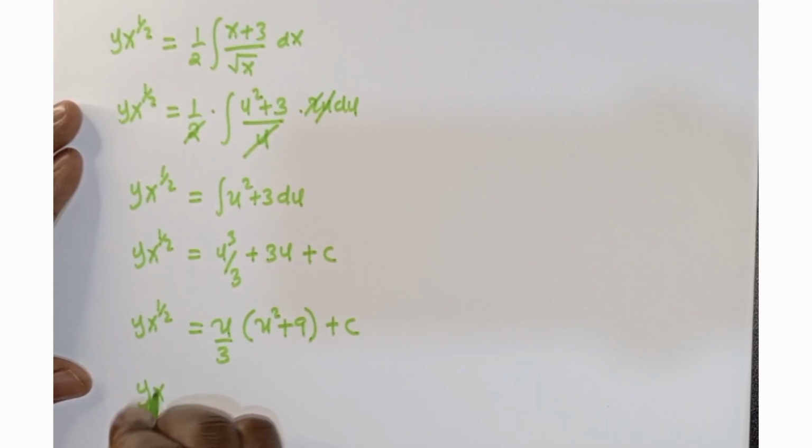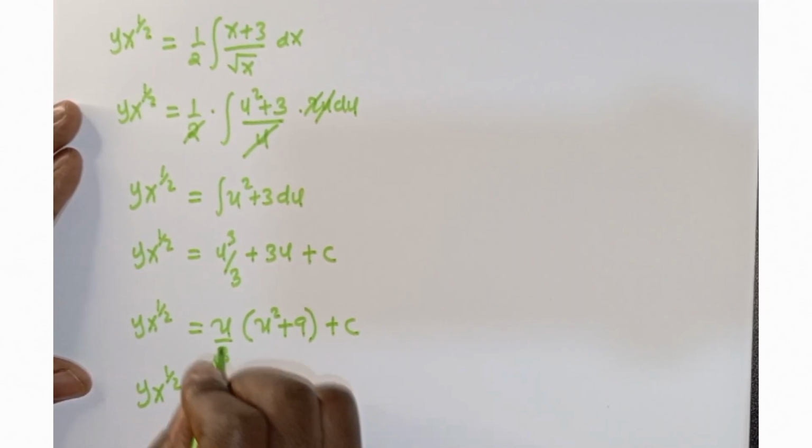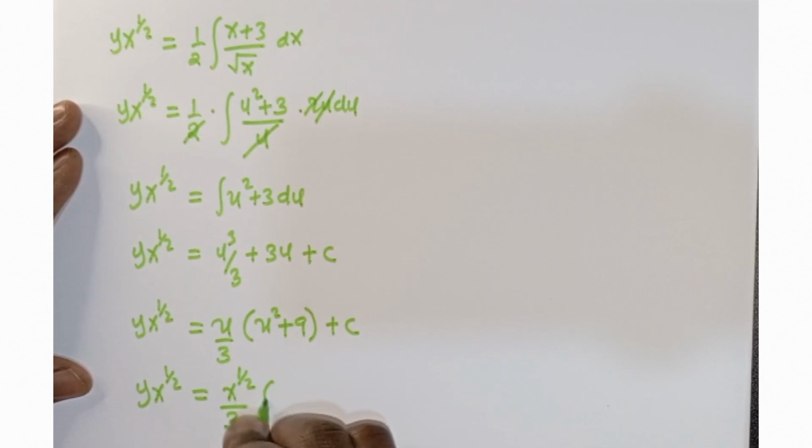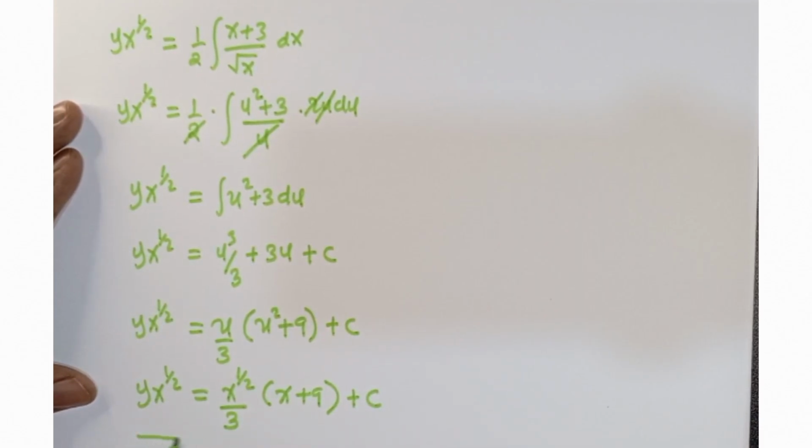So y x to power half is equal to, u was x to power half, then out of 3 into u squared is x plus 9, then plus c. As simple as this, you have defeated the problem like that.